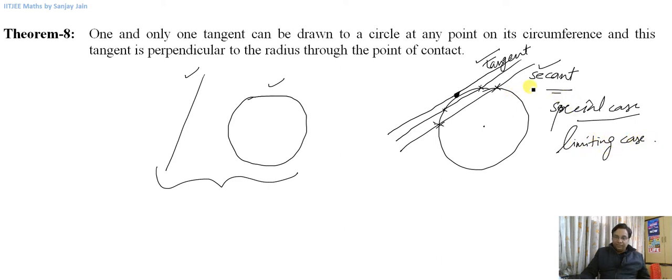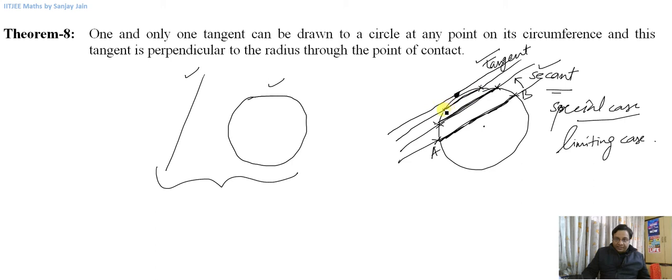Why do I say this is a limiting case? Because look at this length here, this gap, let us say this is AB. So look at this line segment AB. If I go towards outside or away from the center, this segment which is intercepted between the circle and line is decreasing.